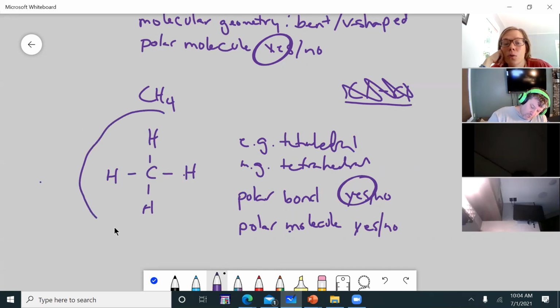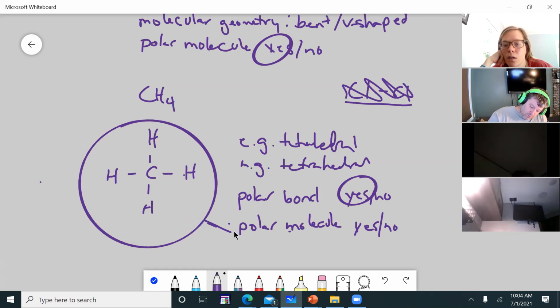Now, is the molecule as a whole polar? Well, look at how many electron groups you have. Four electron groups. Did everybody show up for that tug of war battle? They did. So they're all pulling equal and opposite. So it's balanced, nonpolar.